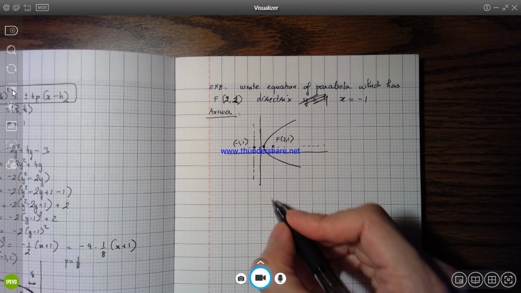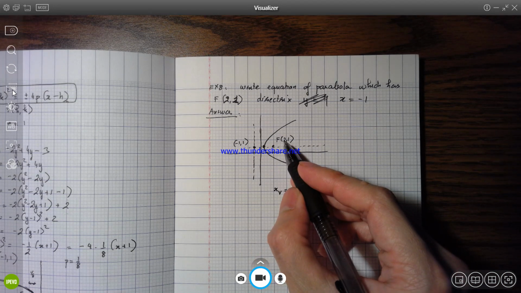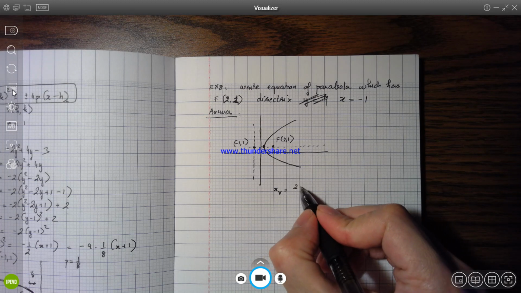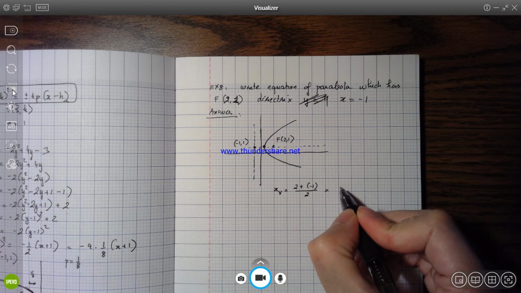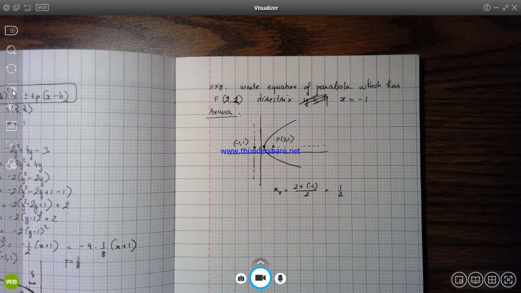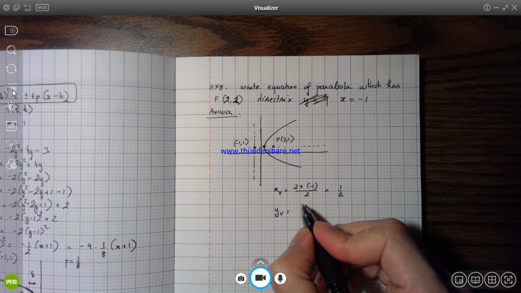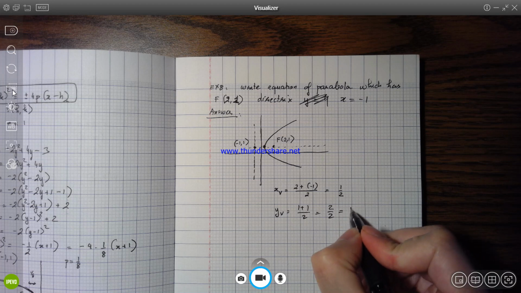We know the midpoint: x of v will be 2 plus -1 over 2, so it will be 1 over 2. And y of v will be 1 plus 1 over 2, which is 2 over 2, so 1.